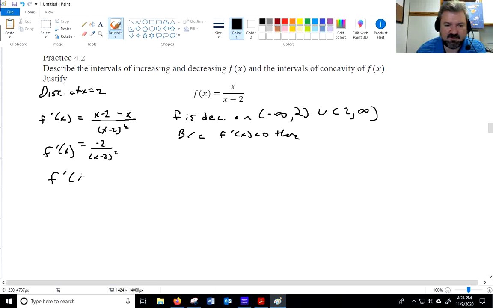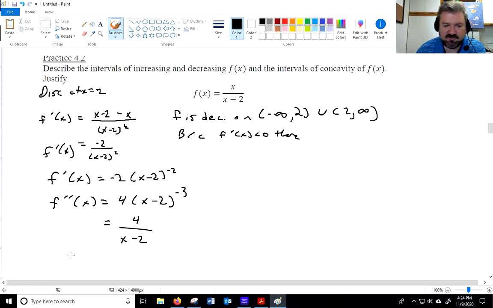I'm going to rewrite this as negative 2 times x minus 2 to the negative 2 power. Then the second derivative would become 4 times x minus 2 to the negative third, which is 4 over x minus 2 cubed. Well, the second derivative is always positive, so we're going to say f is concave up.